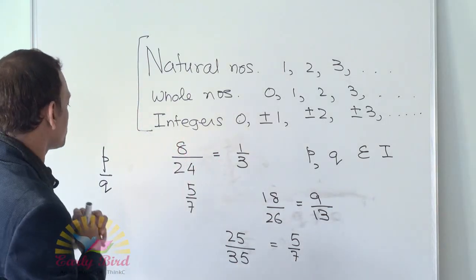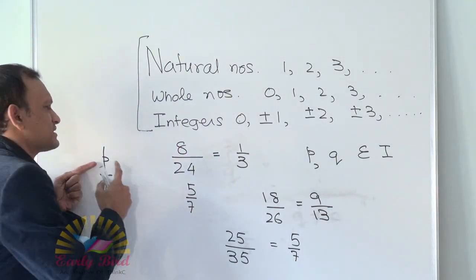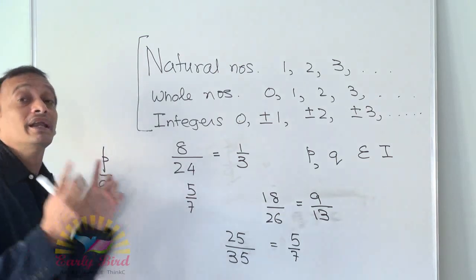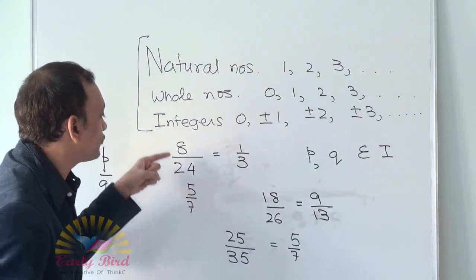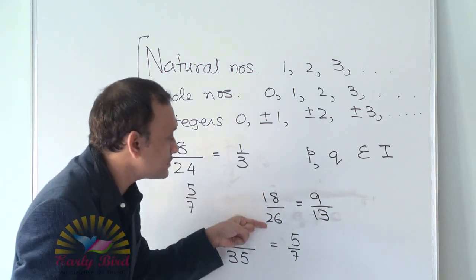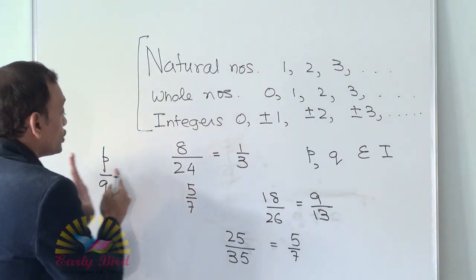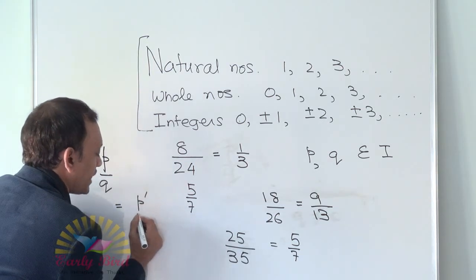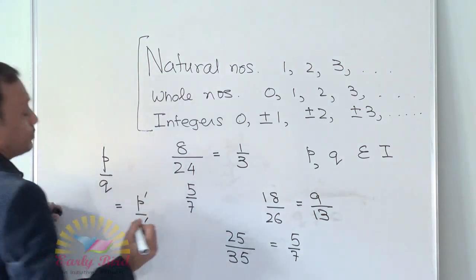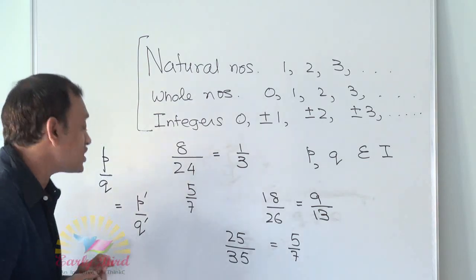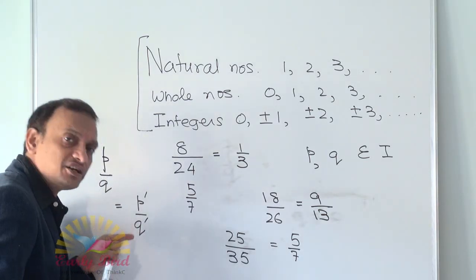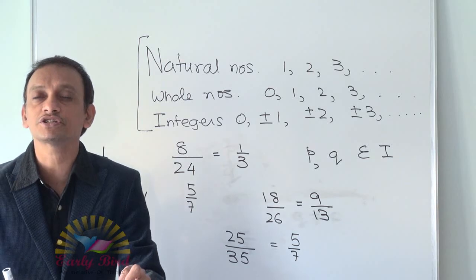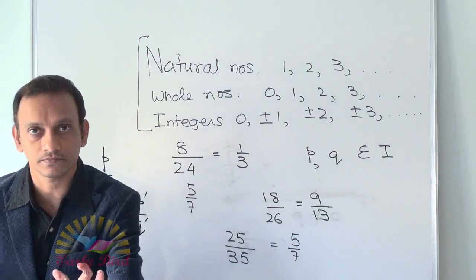Let's say a rational number is given to you in the form p by q, for example 8 by 24 or 18 by 26. You could reduce it to a form, say p prime by q prime. Every rational number could be reduced to a form p prime by q prime such that the numerator and denominator have no factor other than 1 in common.